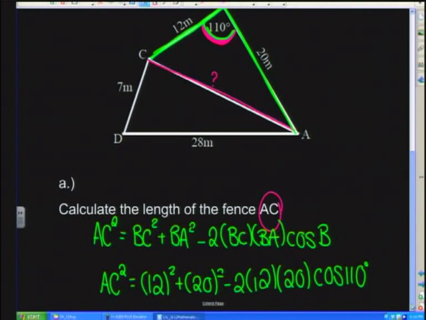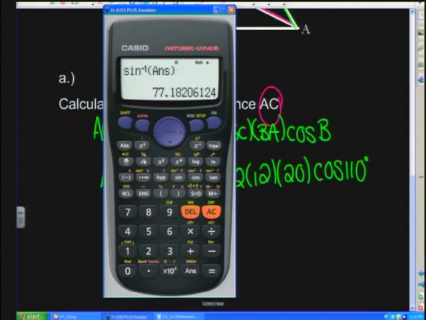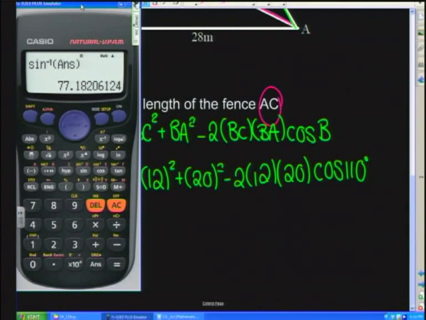And the good news here is that you can actually type this into your calculator as you see it. So let's grab our calculators and type in what we've got over here. We had 12 squared plus 20 squared minus 2 multiplied by 12 times 20 multiplied by cos of 110 degrees.